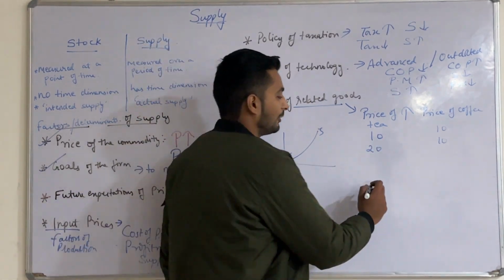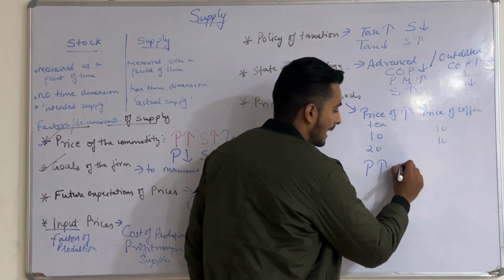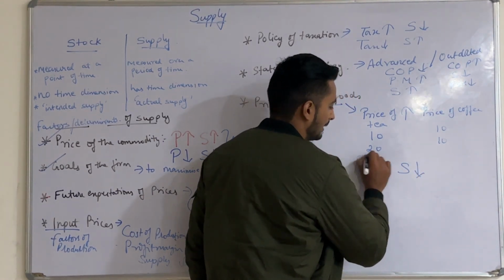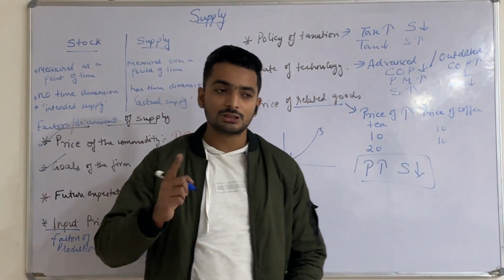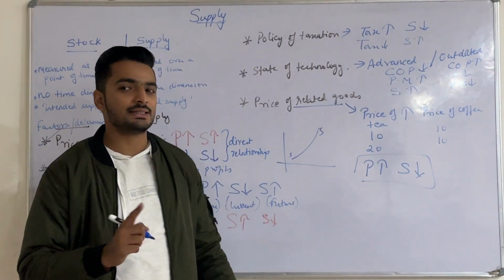So if the price of tea is increasing, supply of coffee will decrease. Supply of its related commodity will decrease, which shows inverse relation between price and supply.